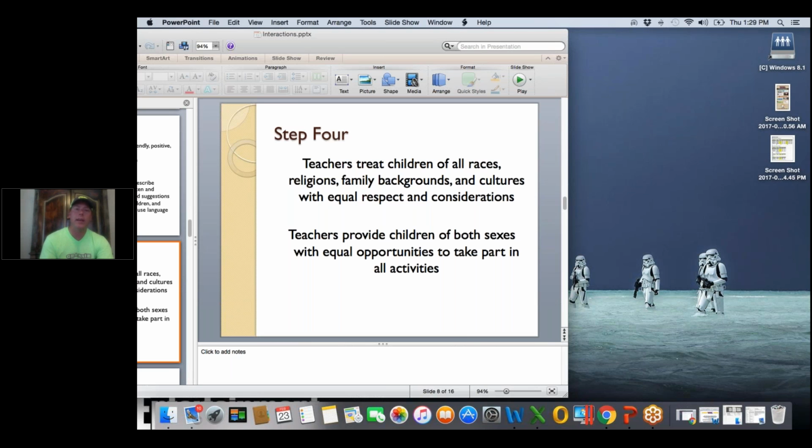So while we're communicating in the classroom in a developmentally appropriate way, if you have that girl that wants to go to the block center, you want to avoid saying things like, girls don't play in the block center, girls play in dramatic play, because that's gender stereotyping right there. Or, boys don't belong in the dress-up center, boys belong in the block center. We want to encourage them to take part in all of the classroom and all of the activities, okay?